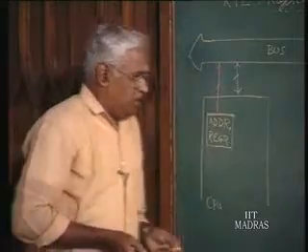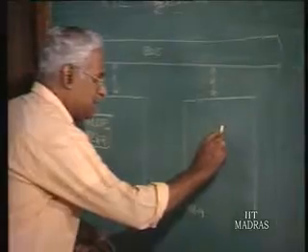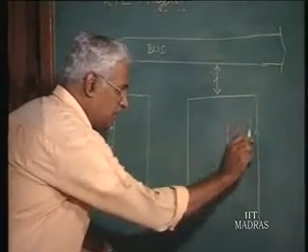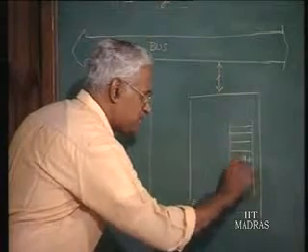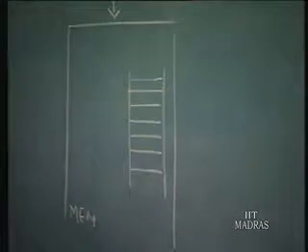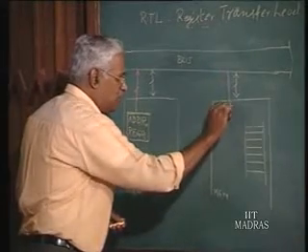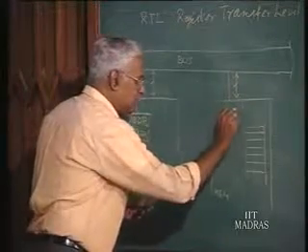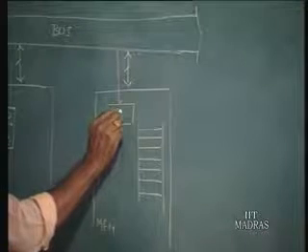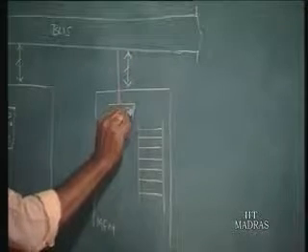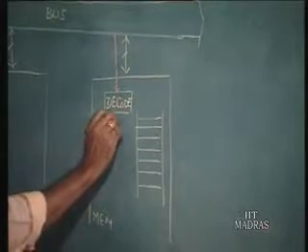And what about the organization here? This consists of different locations. So this address will be received by some part of the circuit which will decode that particular address, which will help select one of these.